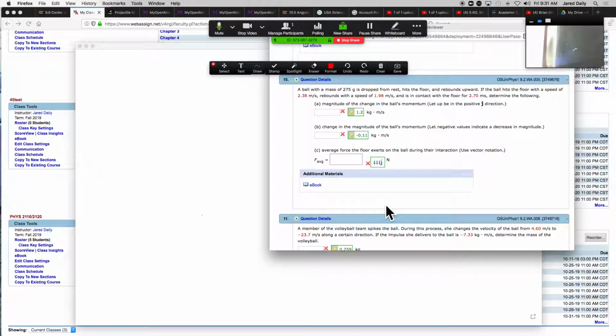I'm not understanding why they have two different. Oh no, sorry, that's actually not. The magnitude of the change in the ball's momentum.